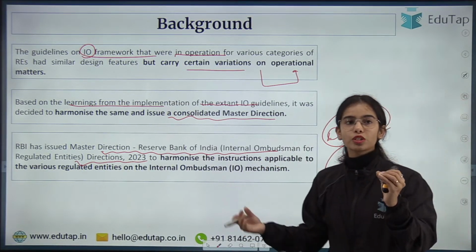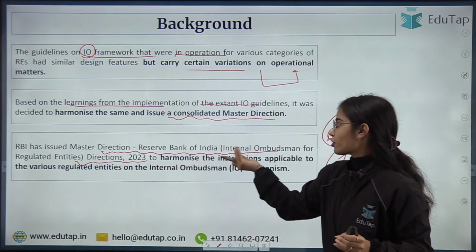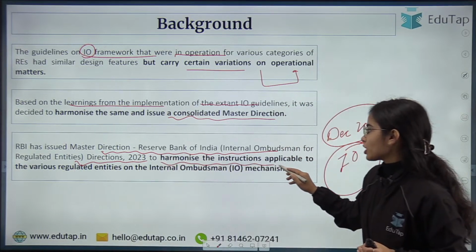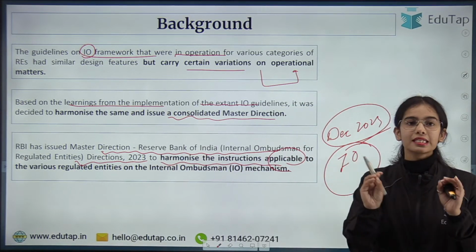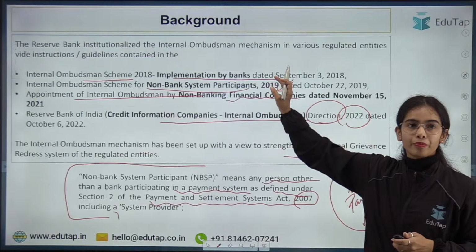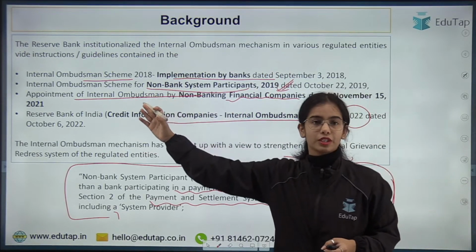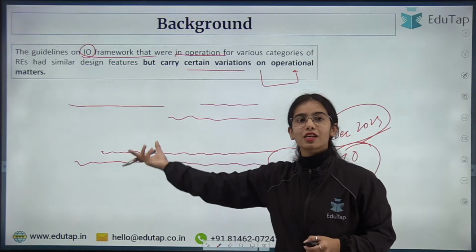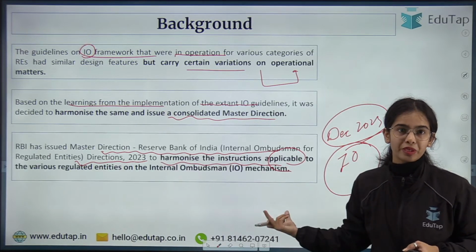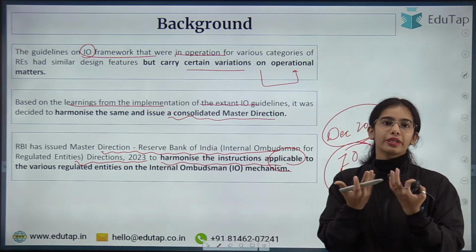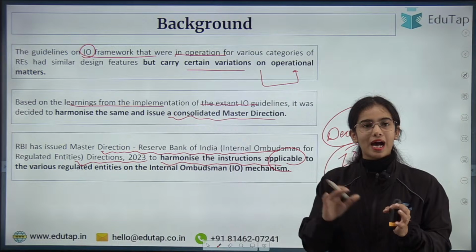So RBI issued the Master Direction on Internal Ombudsman for Regulated Entities to harmonize the instructions applicable to the various regulated entities. So now you can understand that all these directions were removed, they were updated, and a single harmonized master direction came into being that all the regulated entities will have to follow as applicable.